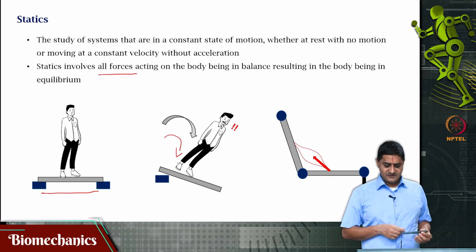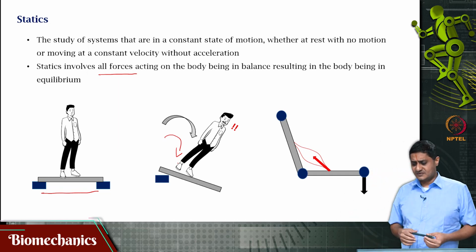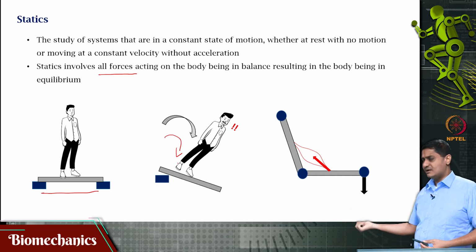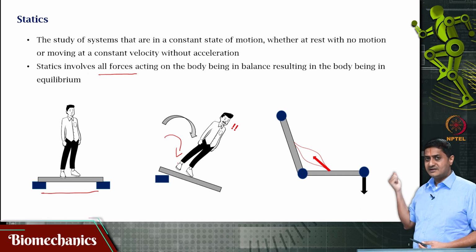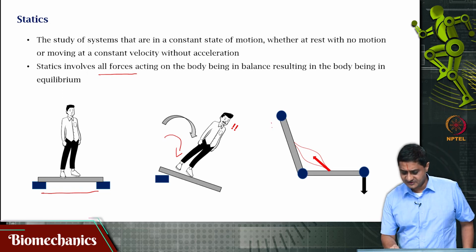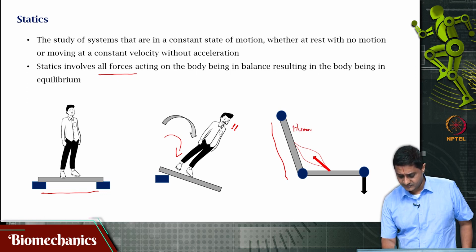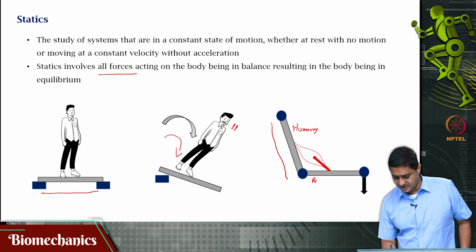Consider the other case where I am having a weight in my hand, and I am making that movement. That is the movement that is being described here. You can consider this to be the humerus, for example, and this to be the radius and ulna.